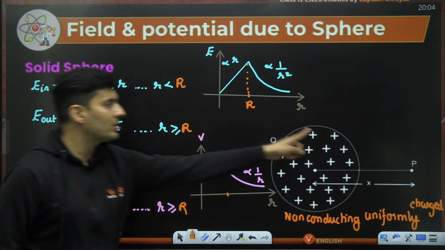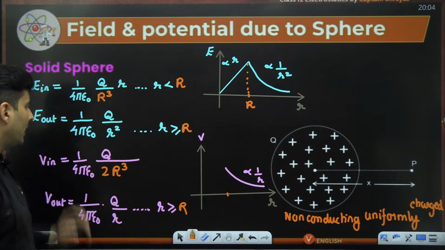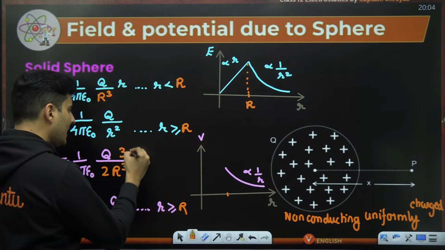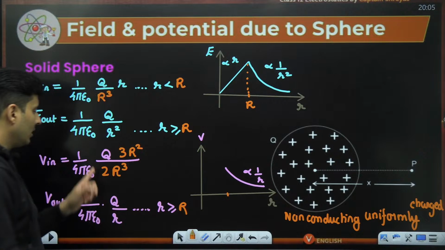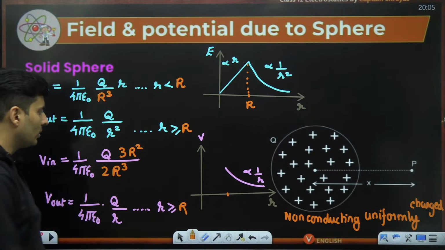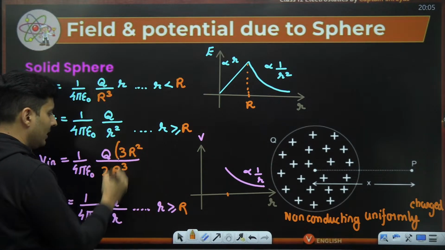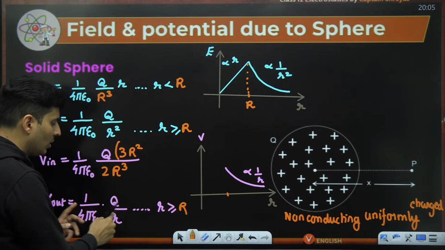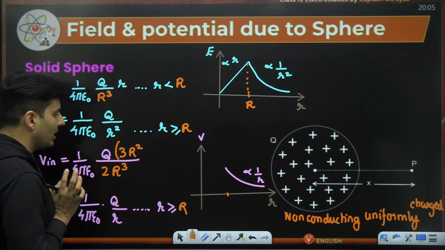This R is the radius of the sphere, 2R cube. And on the top, you put 3R square. 2, 3, 3, 2. That's it. That's one major difference. This is R cube, this is R square. Higher power will be there below because eventually dimension of length should come below.